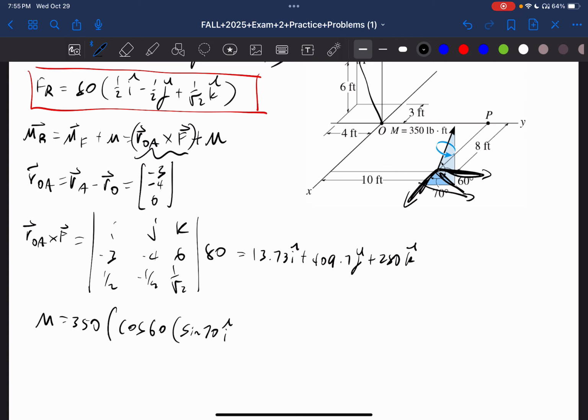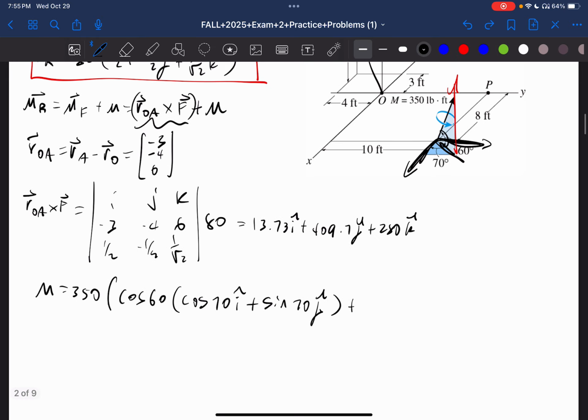Oops, I meant cosine 70 in the i direction, plus also cosine 60 times sine 70 in the j direction, plus in the k direction, we're just going to have this right here, which is opposite to this.